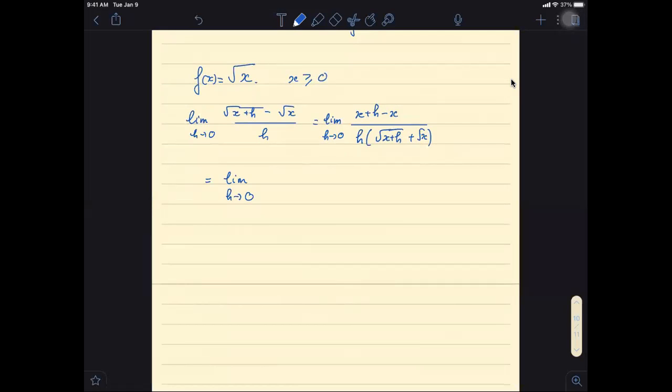Wouldn't it end up canceling and going to 1? Okay, then 1 over square root of x plus h plus square root of x. Yeah, so that is correct. I just did it wrong.